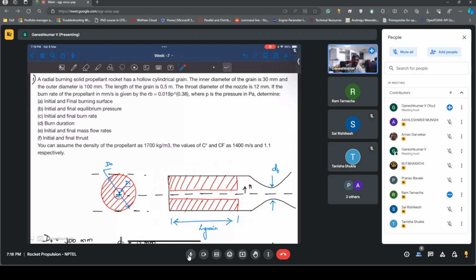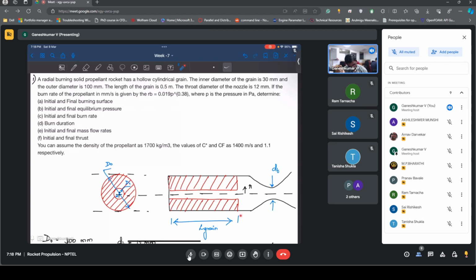You can think of it like the rocket you use during Diwali, right? In Diwali you used to send rockets. For that you just ignite the thread, and inside there is a solid propellant. Here we call it propellant, there it's just pyrotechnic materials inside, which get combusted.